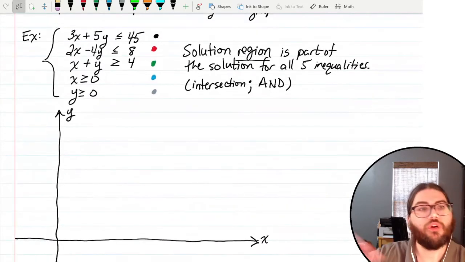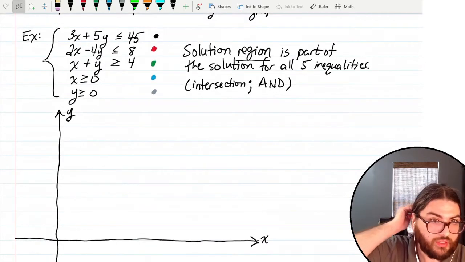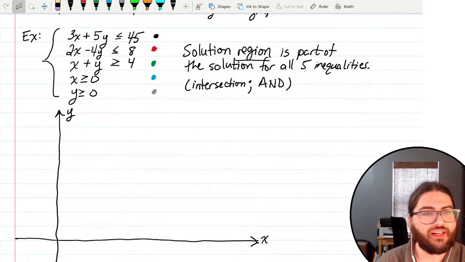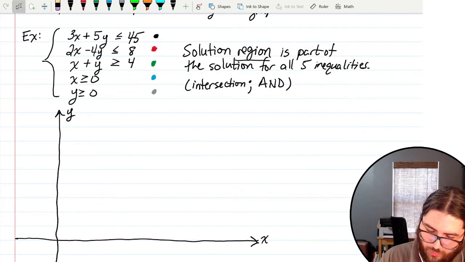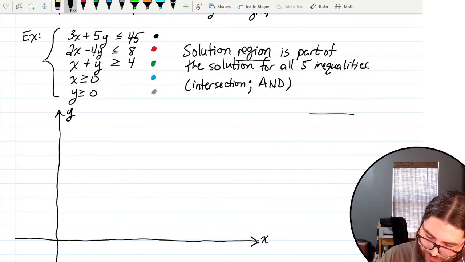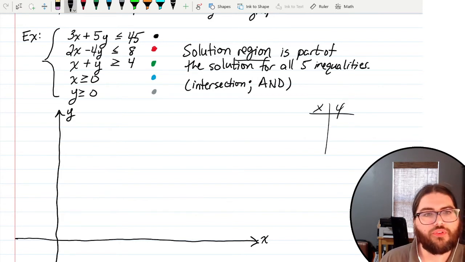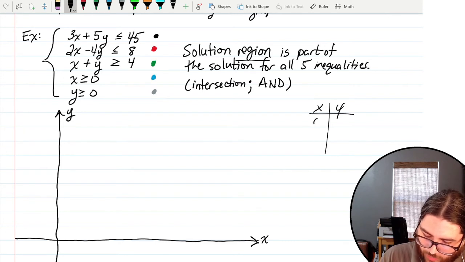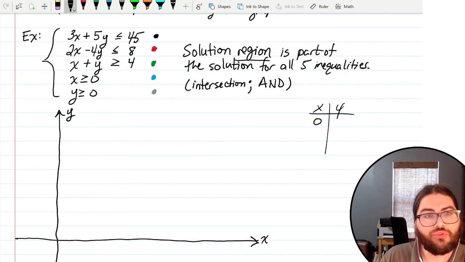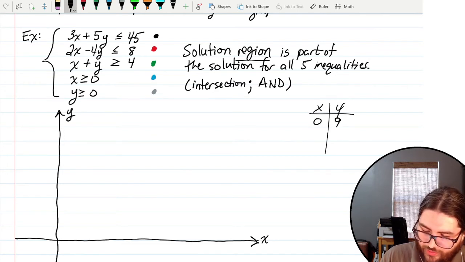I'm going to start by putting all the lines on the graph. Remember, even if it has to be a dashed line, I always needed the line on the graph. I'm going to start with my XY chart for my intersection. I'm going to try to keep this relatively color-coded. On the black inequality, which is the first inequality, if I plug in x equals 0, that gives me 5 times y equals 45. 5 times 9.